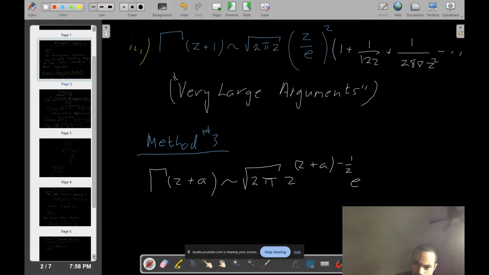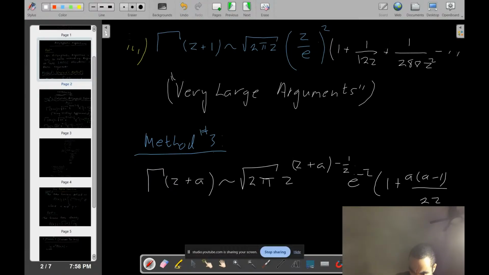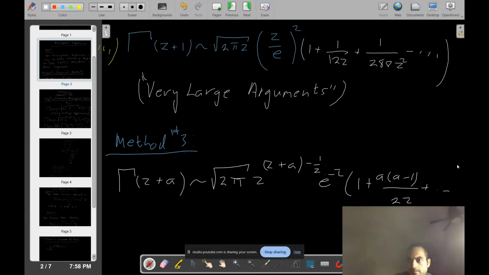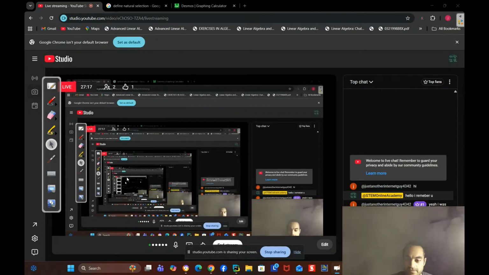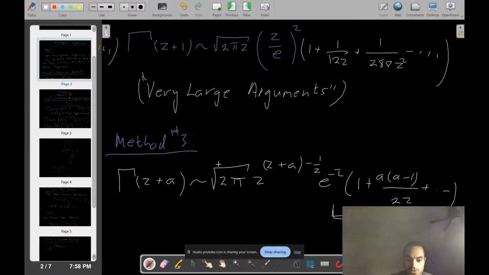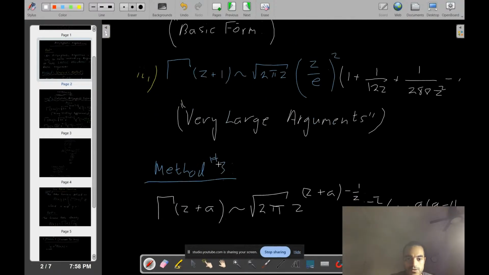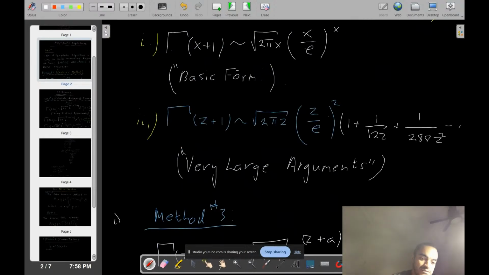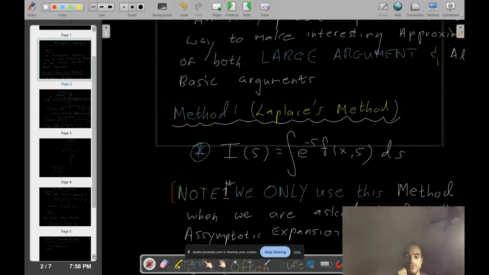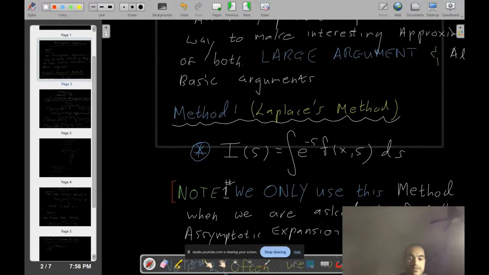I always mess it up. And then multiplied by 1 plus a(a minus 1) over 2z, and then after is plus ... Okay. It looks almost like a binomial. It's not exactly a binomial expansion, but yeah. So we're getting this guy over here. We're going to use one of these methods, either the Stirling approximation or Laplace's method.